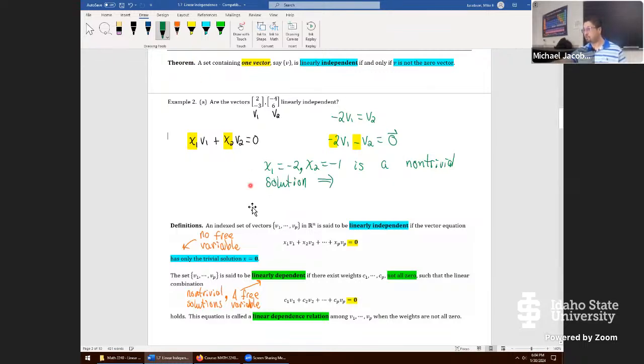That immediately implies if you have non-trivial solutions, there's free variables somewhere in the system. You have a dependence relation, but let's follow the arrows there. Big thing we want to say is those vectors are dependent. v1, comma v2 is linearly dependent.